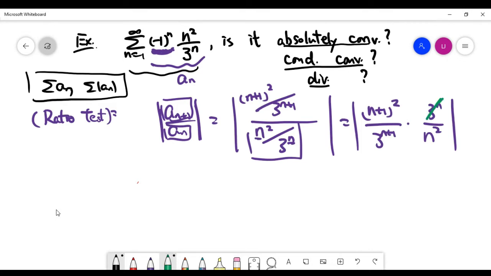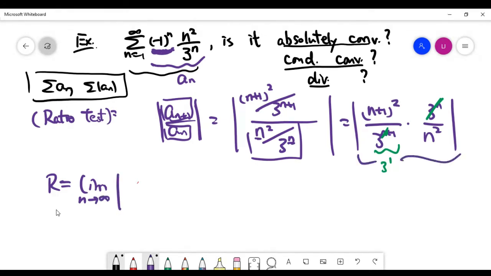For example, n copies of 3 can be cancelled, so you're left with only one copy of 3 in the bottom. In that case, we can look at the ratio term, the big R, which is the limit as n goes to infinity of whatever we have in this simplified fraction. The fraction inside the absolute value sign has the numerator (n plus 1) squared at the top, and the bottom is 3 times n squared.